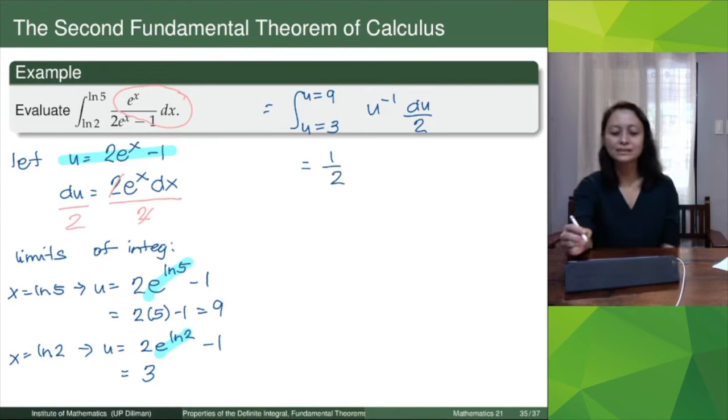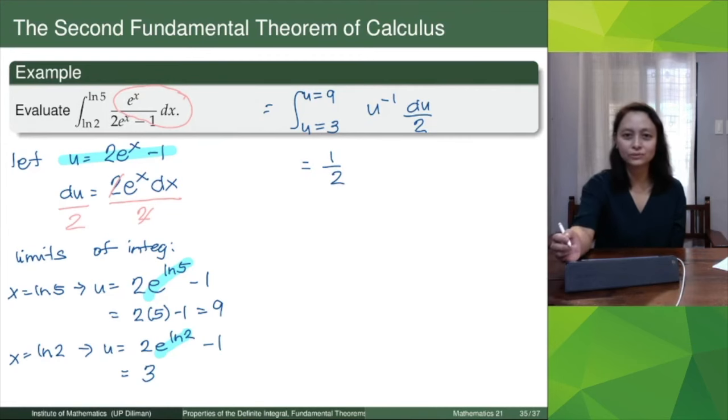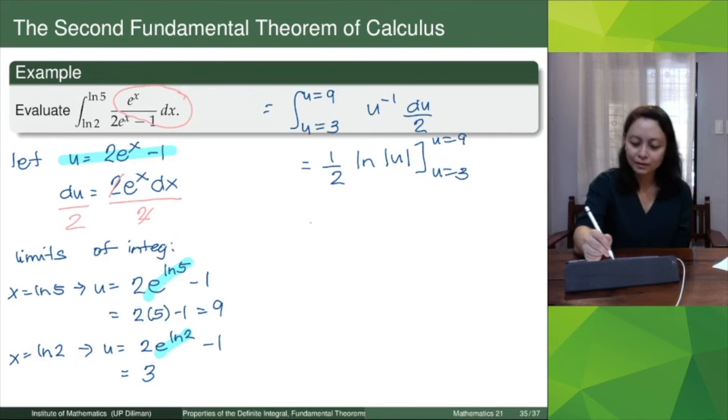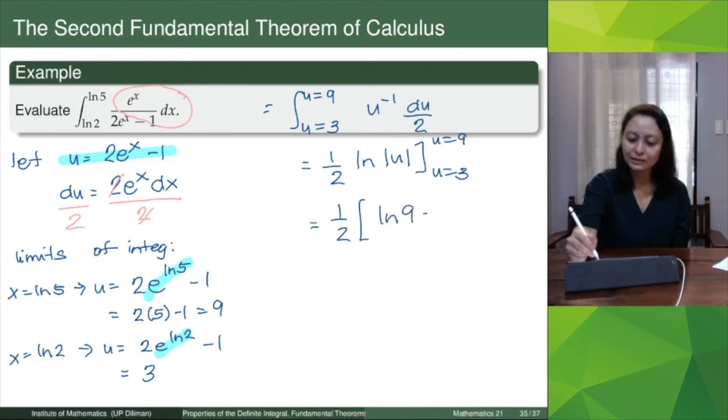And then, what's the integral of u to the negative 1 du or du over u? Ln of the absolute value of u. So, this will be evaluated from u equals 3 to u equals 9. Okay? So, you have 1/2 quantity ln 9 minus ln 3.